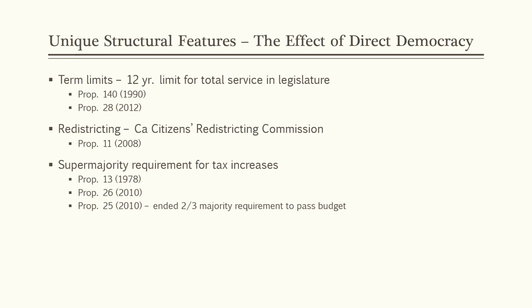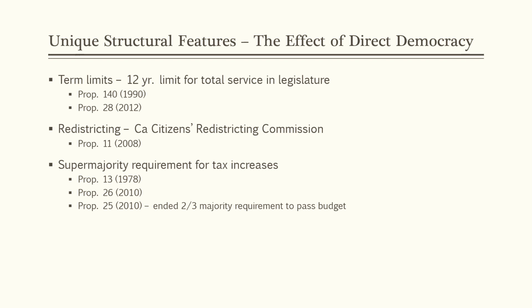There had also been a 2/3 majority requirement simply to pass the budget. So every year there needed to be 2/3 of each chamber of the state legislature to pass a budget. That regularly resulted in the state legislature being unable to pass a budget on time, much to the consternation of the entire state.